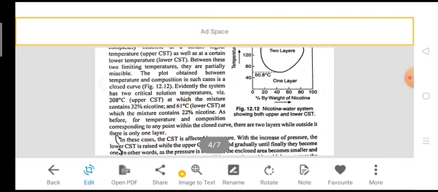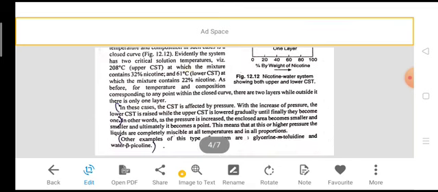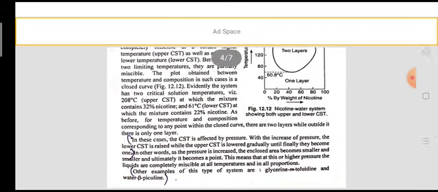At a certain higher pressure, it becomes a point. That means at that higher pressure, the liquids are completely miscible at all temperatures and in all proportions.